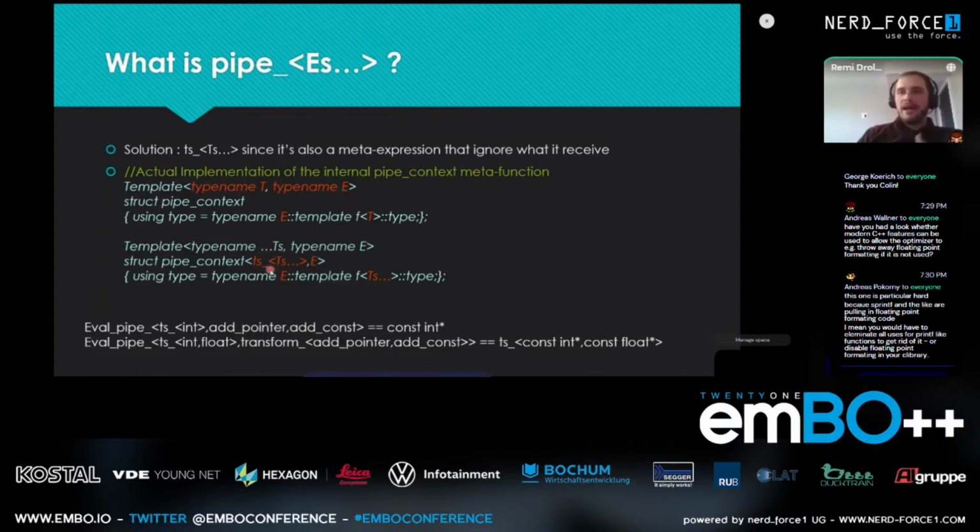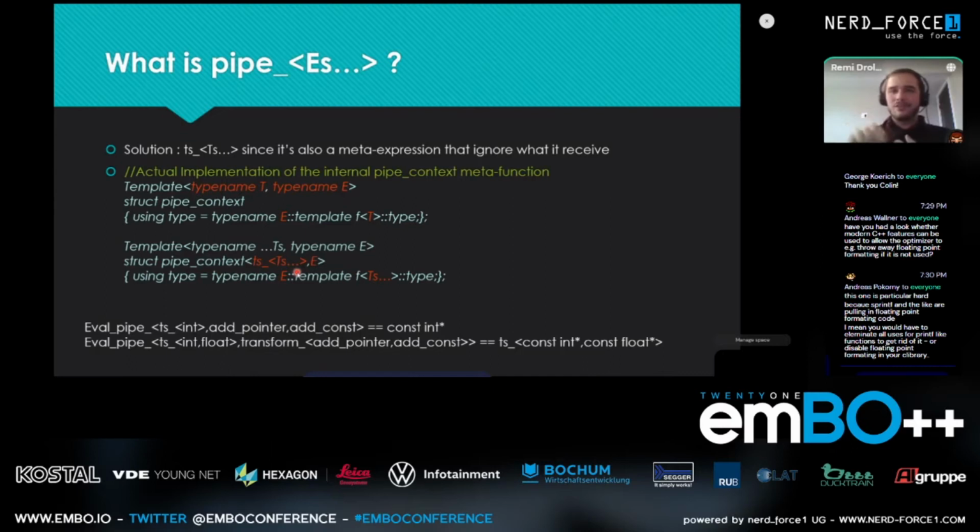Well, I will simply call type name E template F with the TS, not the TS of TS, just the types, with only the type inside the F. And then I continue doing it. So TS is useful because it's safe to ignore what it receives. I know that because I created it.